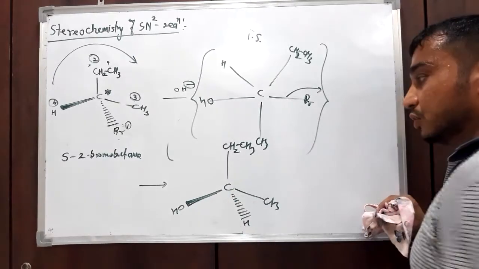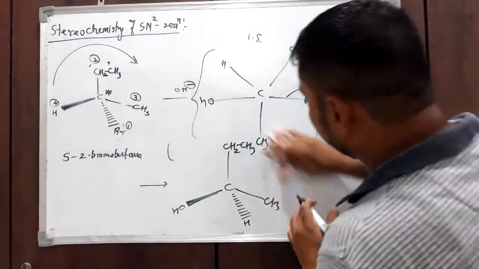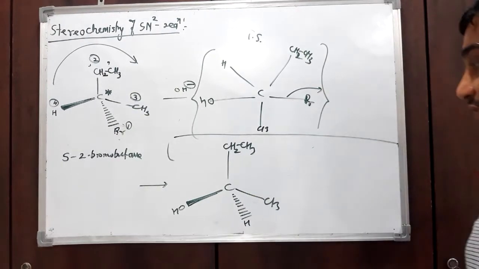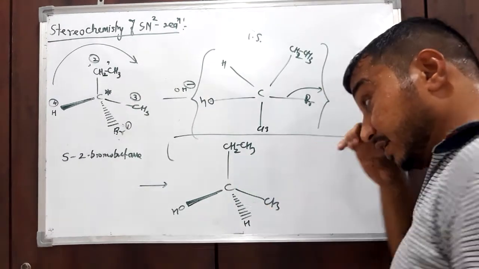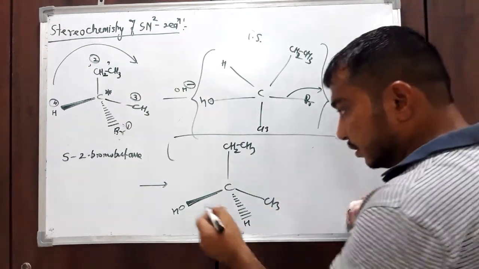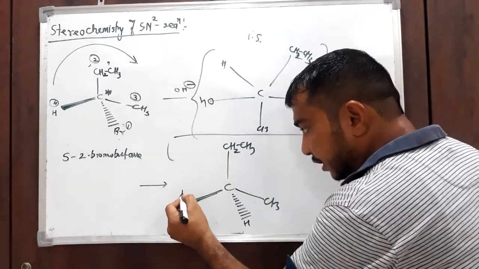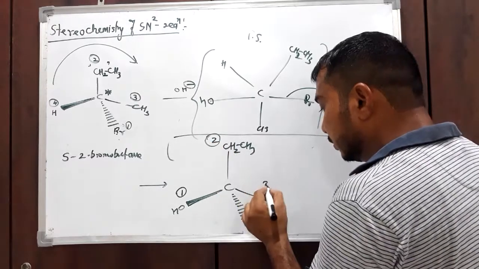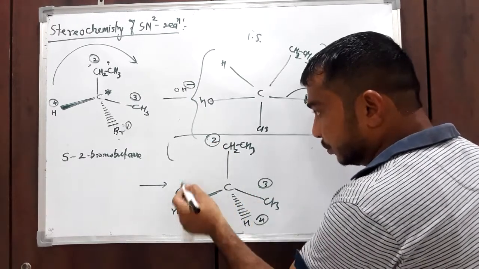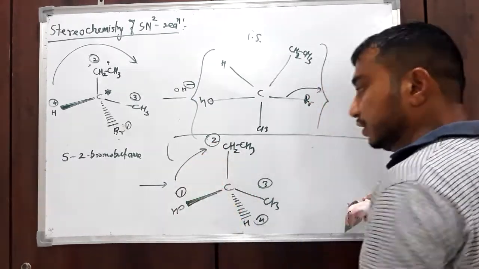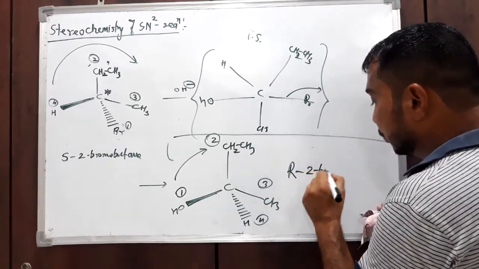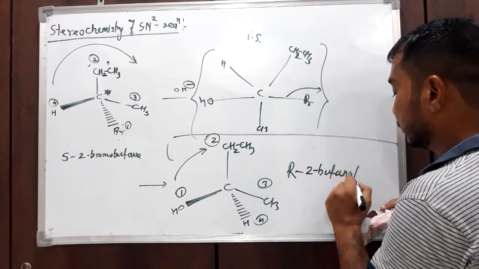Therefore, H is on the back side. See, this is the product obtained after the reaction, and in this reaction, what is the configuration? Carbon number 1, first priority goes to this, then 2, 3 and 4. So first, second, third, this rotation is clockwise, that is R. R-2-butanol.